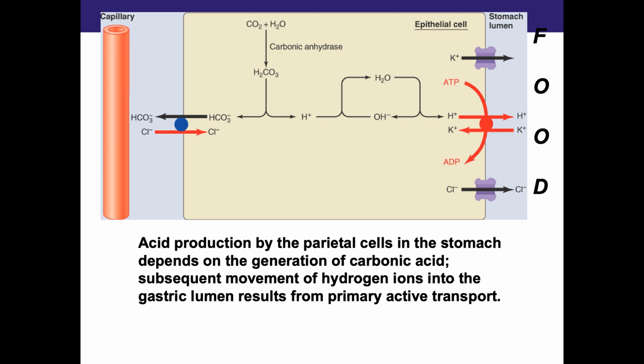They're trafficked to different membranes. The protons are actually trafficked across the apical membrane by the proton-potassium pump. This is actually a pump that uses ATP to move molecules against their concentration gradient. Don't get it confused with the sodium-potassium ATPase, but this is a primary active transporter.